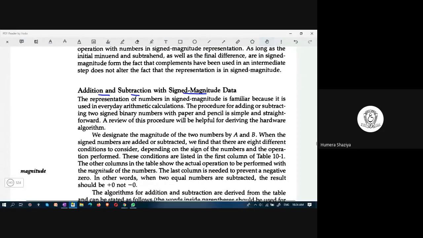Well, students, it's taking a lot of time. Plus 10, minus 10. What are these numbers known as? These numbers are known as signed numbers.